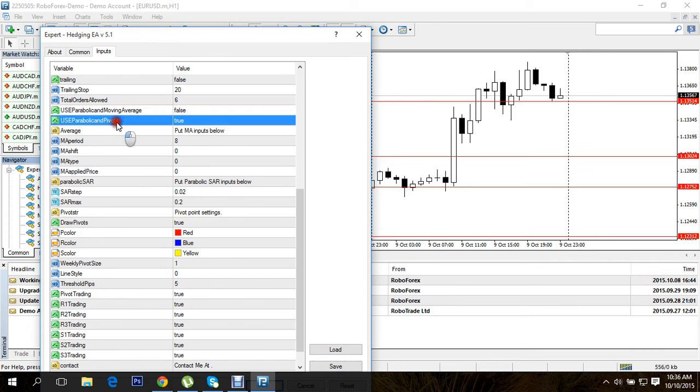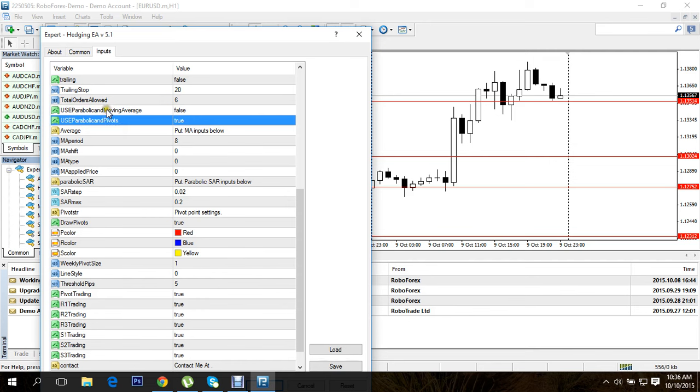But in this version 5.1, I have included one more option for you, and that is you can also look for parabolic SAR and pivot points combined for a signal.